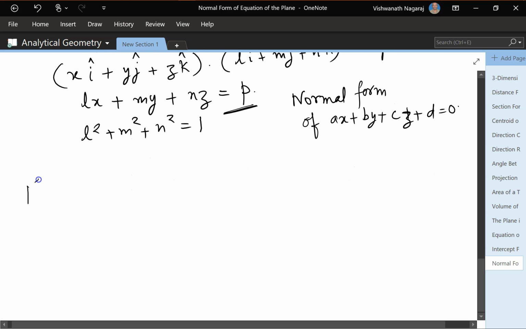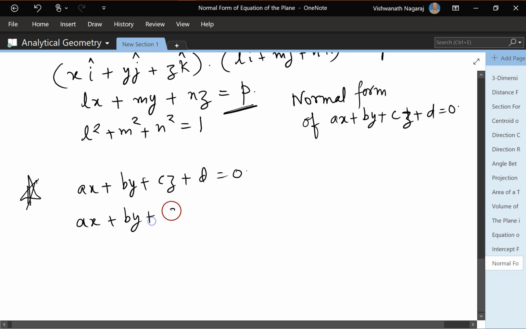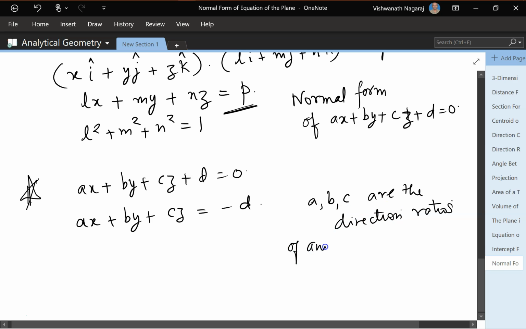Now let's look at some interesting aspects. We have the equation of the plane ax plus by plus cz plus d equal to 0. This can be written as ax plus by plus cz equal to minus d. Here a, b, c are the direction ratios of any line perpendicular to the plane. So let's divide this entire thing by the square root of a square plus b square plus c square.